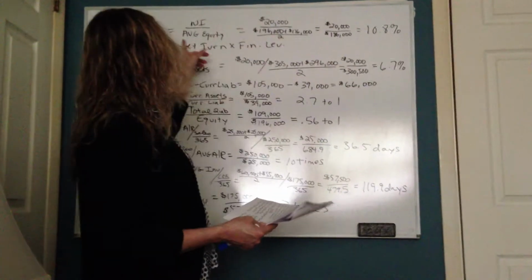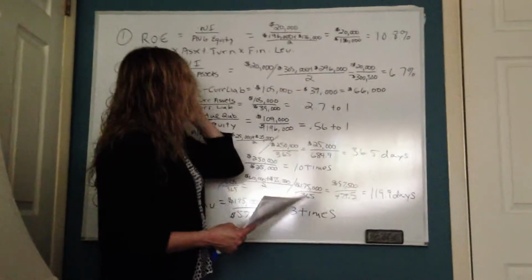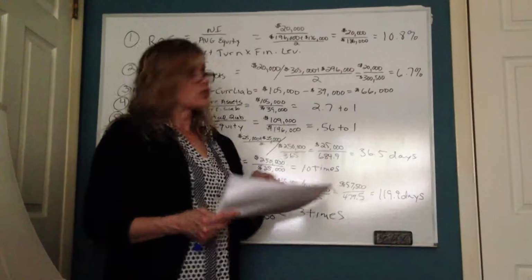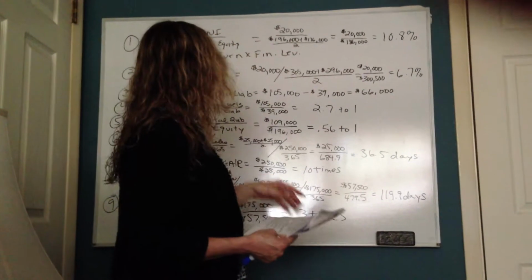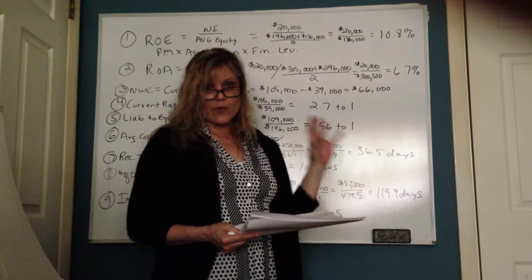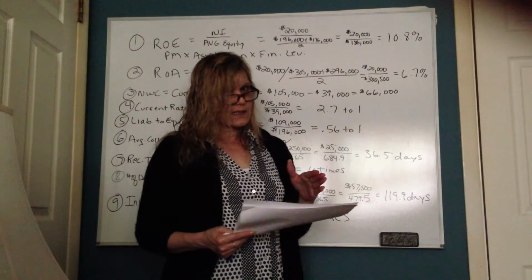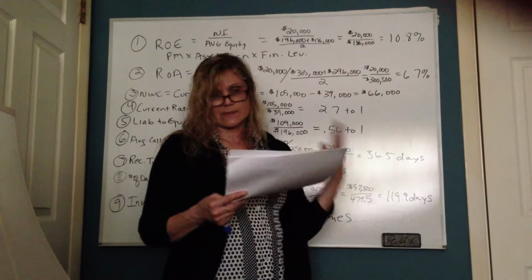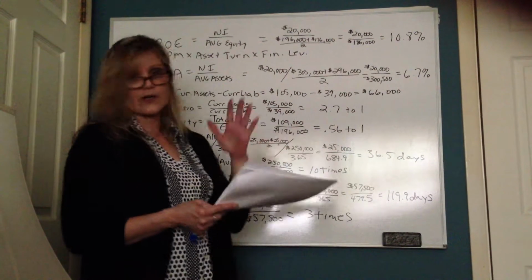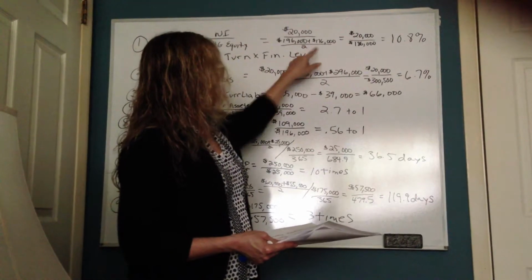So let's talk about ROE real quick, and that's our first item, return on equity. If you look at the solution, it is your net income divided by your average equity. Whenever you see the word average, the way that's determined is they take the current year plus the last year. In our case, it's years, in other cases it's periods, but it's the current year plus the last year. You add those two figures together, you divide by 2.